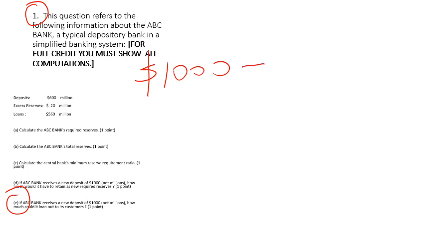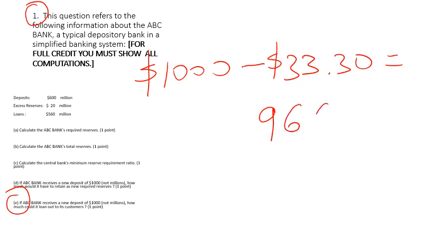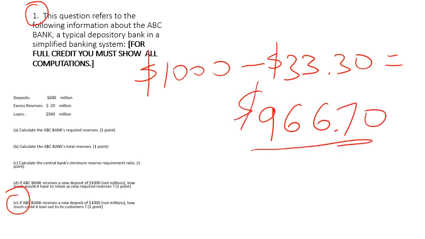Given the MRRR of 3.33%, the depository institution has to hold back, not loan out, retain $33.30. So what's left for the bank to loan out of these $1,000? $966.70.